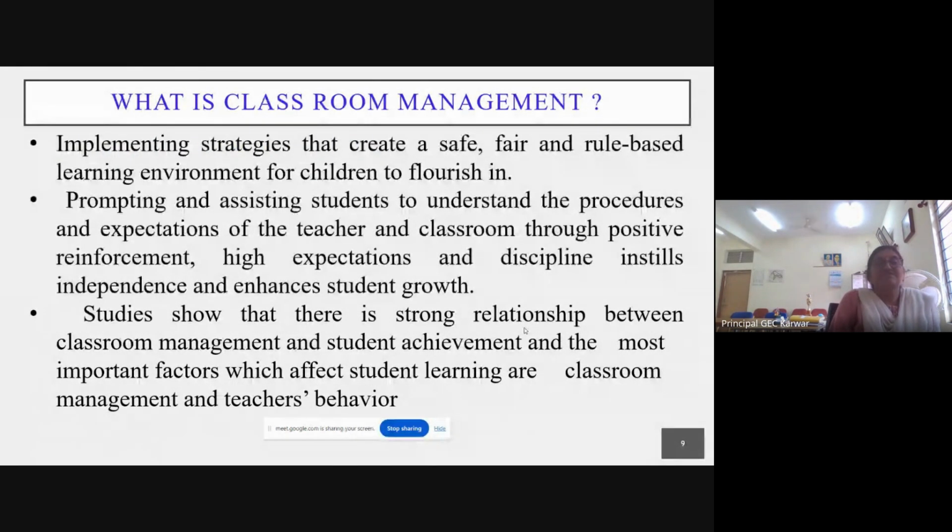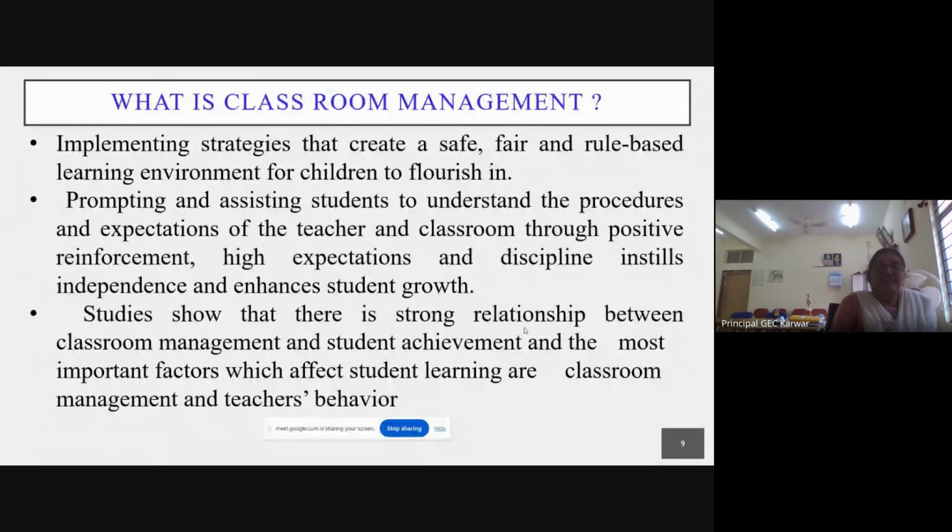So implementation of strategies that create a safe, fair, and rule-based learning environment for the children to flourish in, and promoting and assisting students to understand the procedures and expectations of the teacher and classroom through positive reinforcement, high expectations and discipline, instill independence and enhance student growth. So we need to ask students to explore their own multitasking limits and create a plan for themselves to stay present and focused in the class while studying.